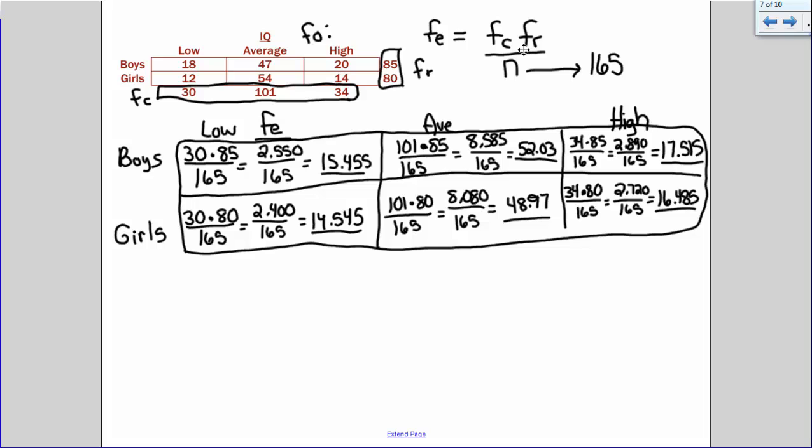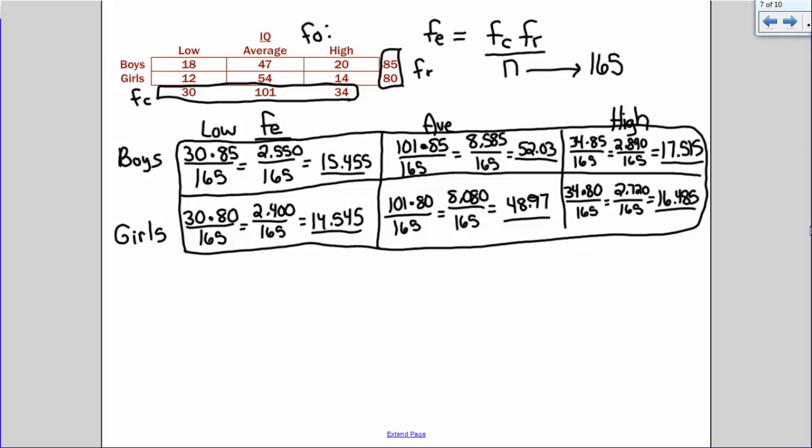So 15 plus 15.455 plus 14.545 is 30. 52.03 plus 48.97 is 101. 17.515 plus 16.485 is 34. Add these numbers together, you get 85. Add these numbers together, you get 80. Add all the numbers together, and you end up with 165 still.